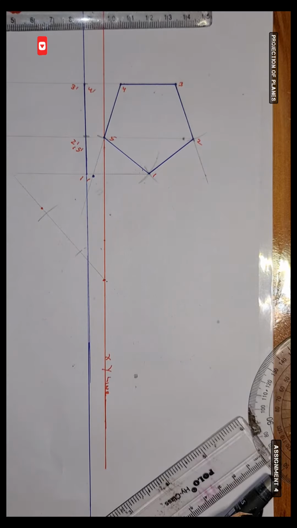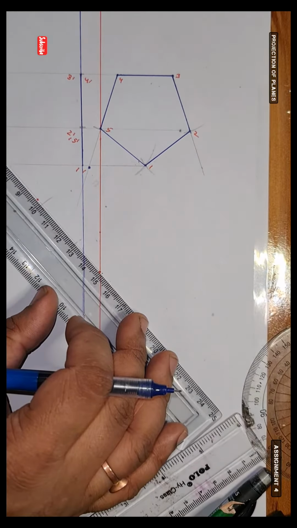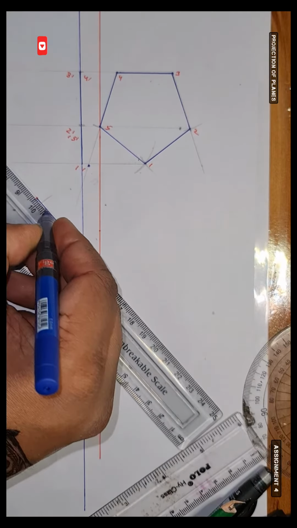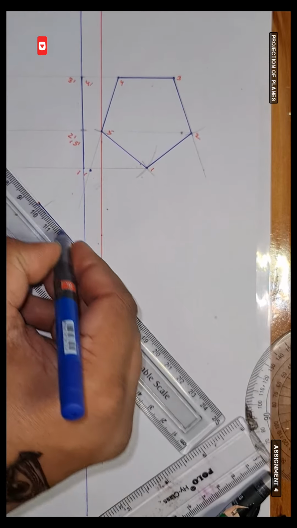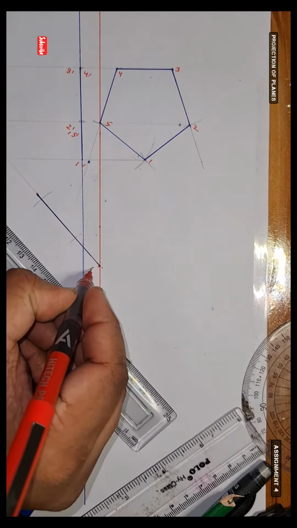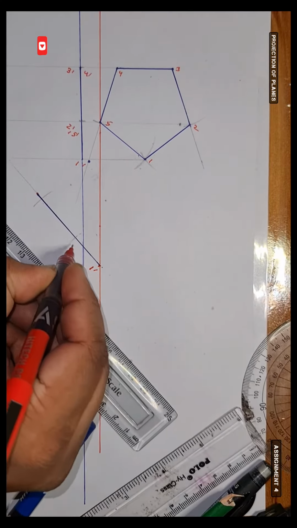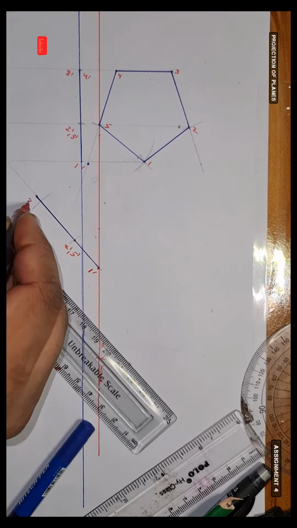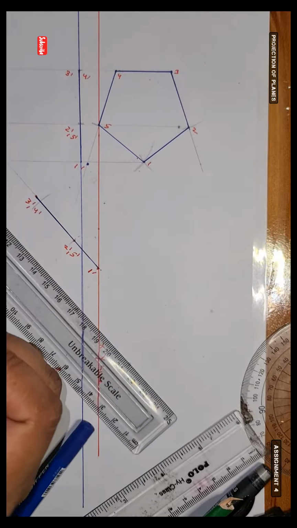Okay, so we have to rotate the top view only, so you just need to dark this top view. Now we have rotated the top view. This point is in the top view, so this would be 1 dash, and this point is 2 dash comma 5 dash, and this would be 3 dash comma 4 dash.